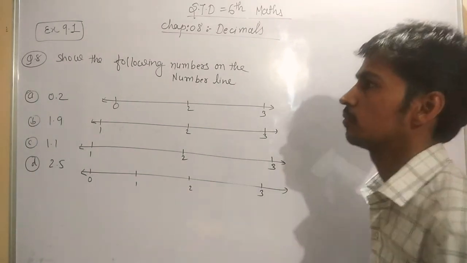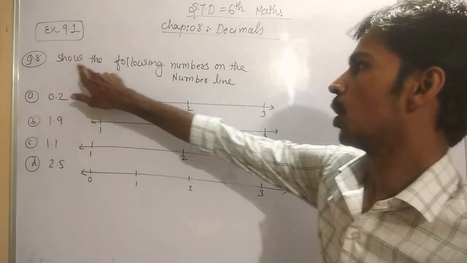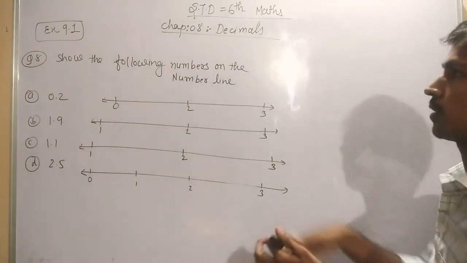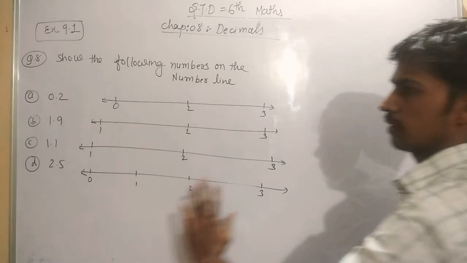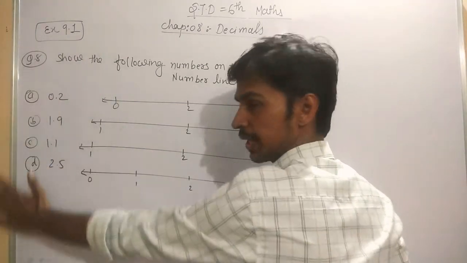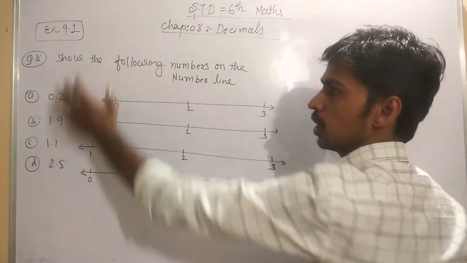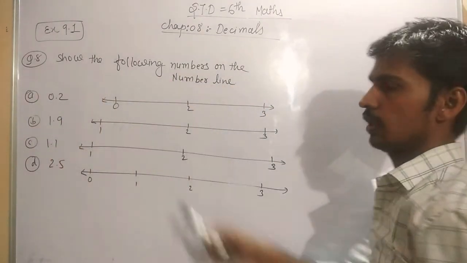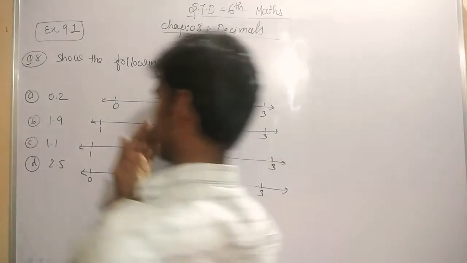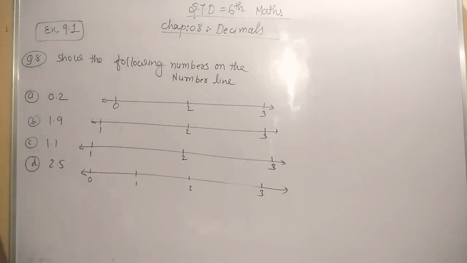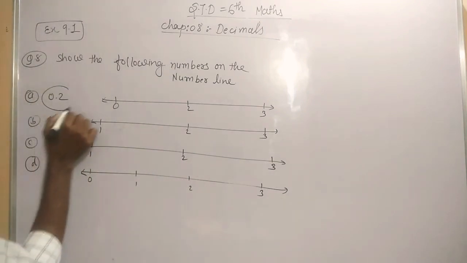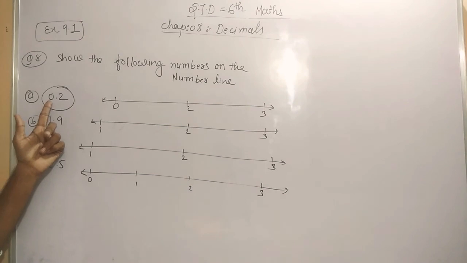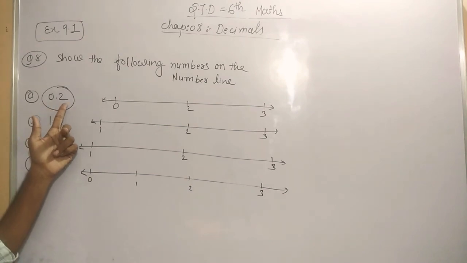Now students, question number 8. Show the following numbers on the number line. Here 4 sums are given. We have to show all these numbers on the number lines. Let us see one by one. 0.2. Students, you can see the number starts from 0 and goes up to 0.2.